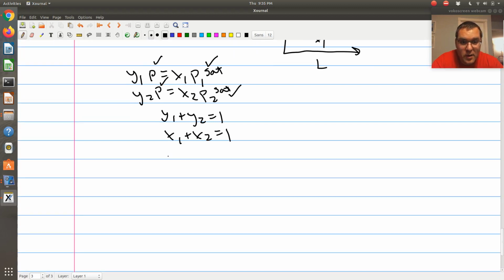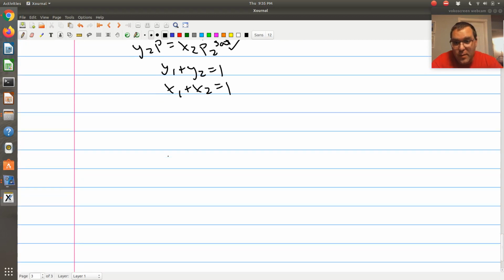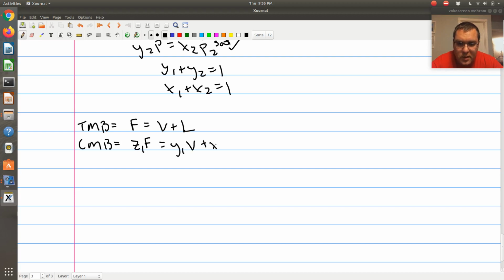So I have two components, so I can write two mass balances. I can write my total mass balance: F is equal to V plus L. And I write my component mass balance: Z1 F is equal to y1 V plus x1 L, where you just solve for y1 and x1, and you're given Z1.